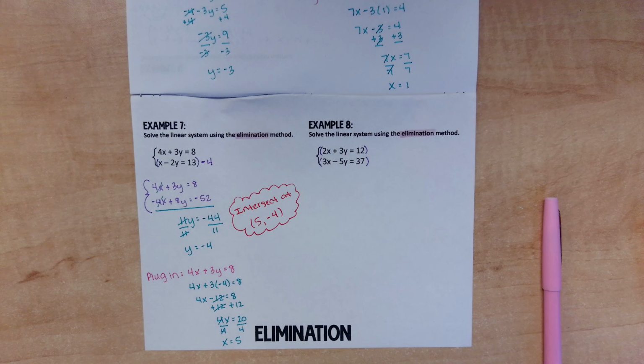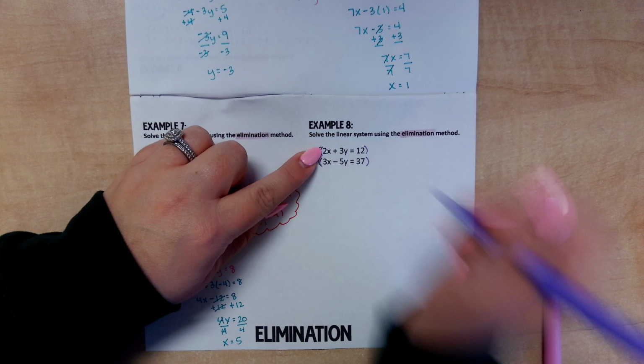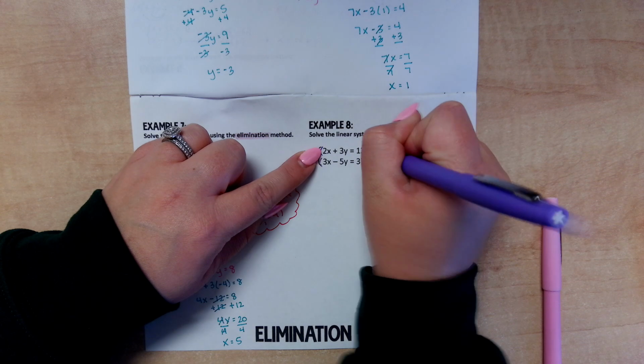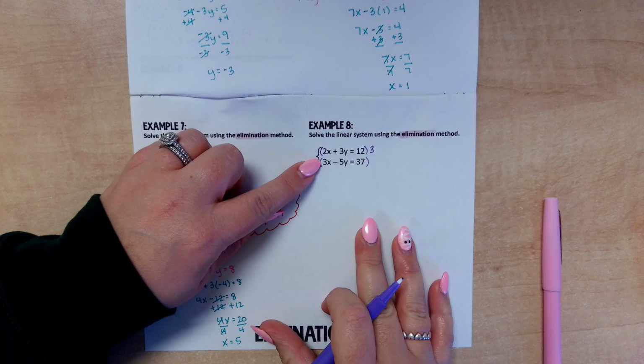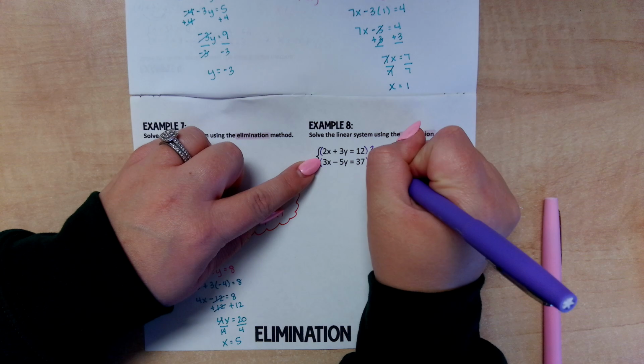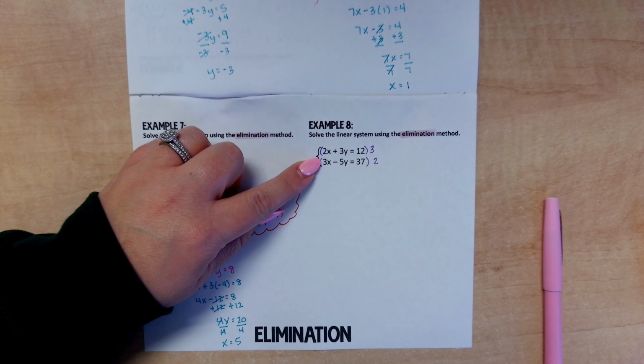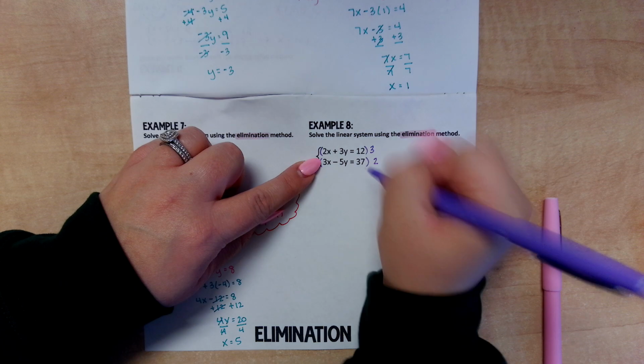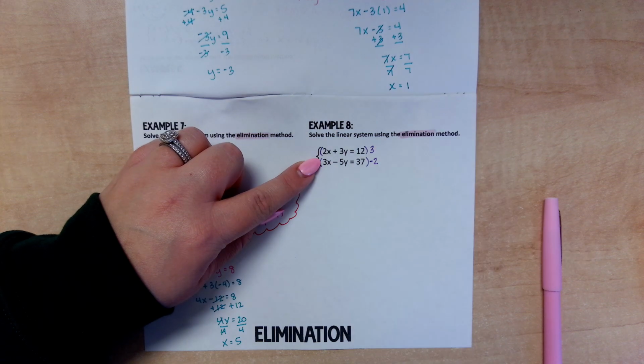Now to do it, I have to be strategic. In order to turn 2 to 6, I have to multiply it by 3. In order to turn 3 to 6, I have to multiply it by 2. But because I need it to cancel a zero pair rule, it's going to have to be a negative 2.